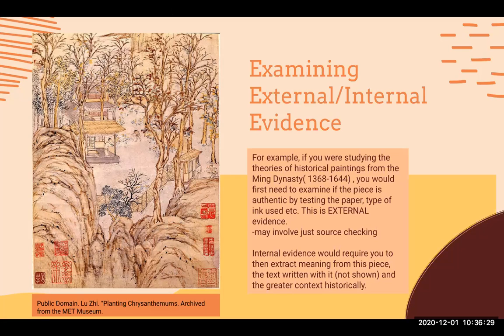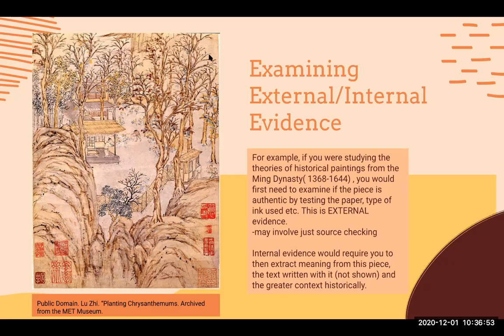We just need to check the source of the Met Museum and find out where that data came from in order to mark it as authentic. We don't really need to do all the testing of the paper type on our own because, well, that's impossible. We can just leave that up to whoever is doing it at the museum.